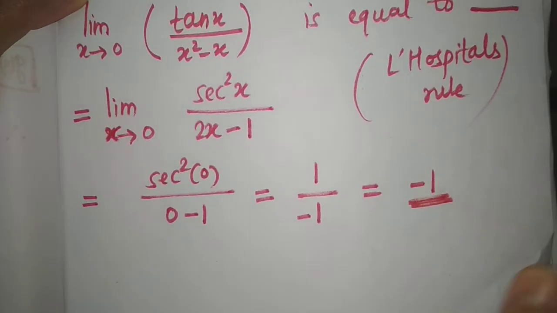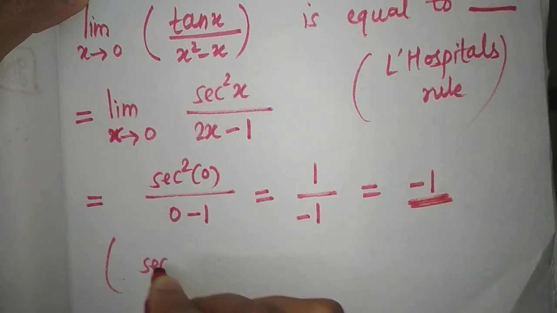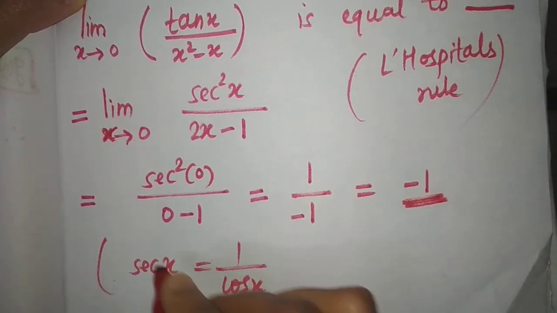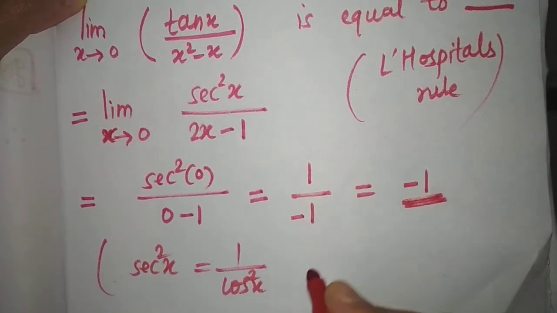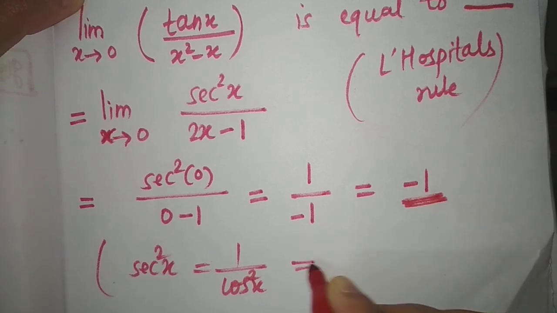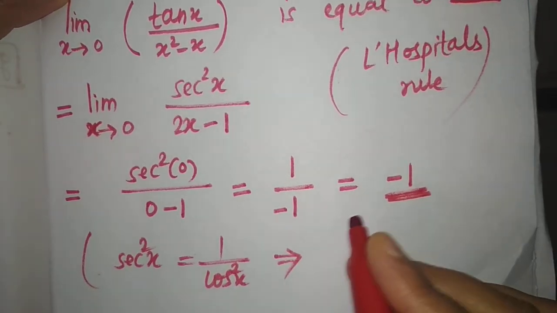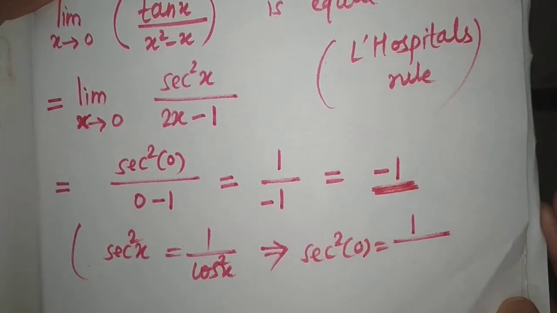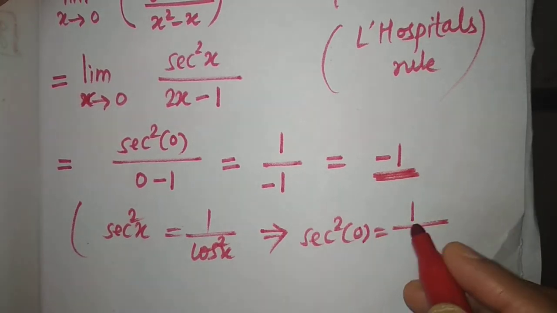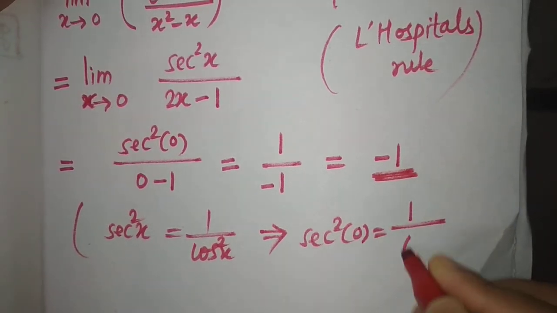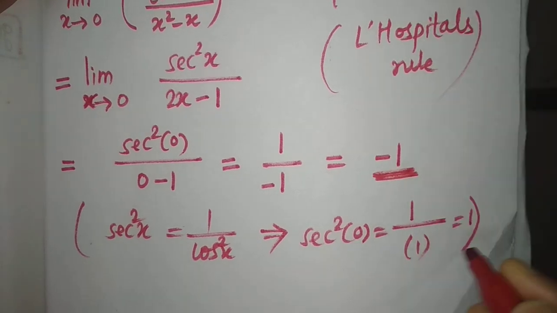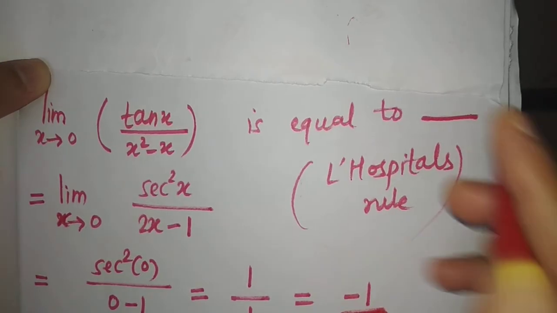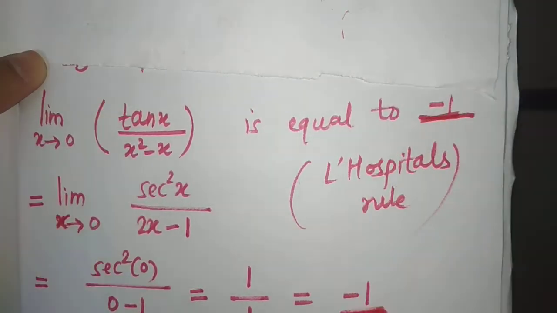By the way, to calculate sec square 0, we know that sec x is equal to 1 upon cos x, and hence sec square x is 1 upon cos square x. When you put x equal to 0, we get sec square 0 is 1 upon cos square 0, but we know that cos 0 is 1, so cos square 0 is 1 square, which is again 1, and 1 upon 1 is 1, so sec square 0 is 1. Hence the limit is minus 1, and this is the option.